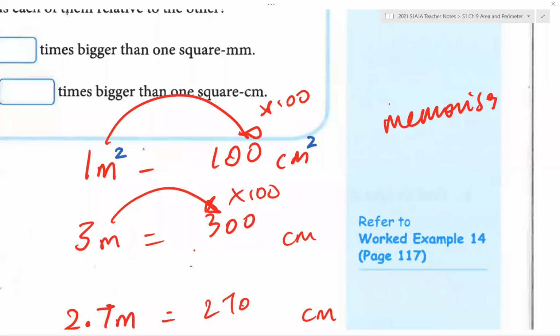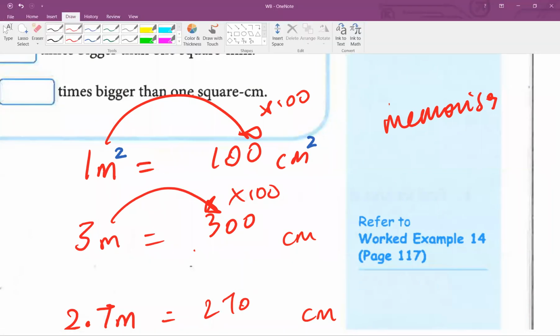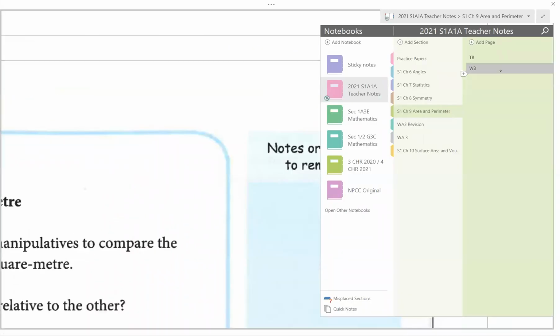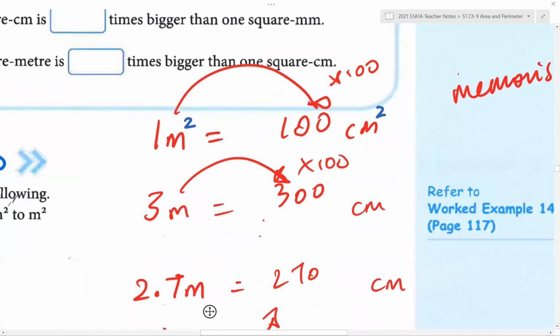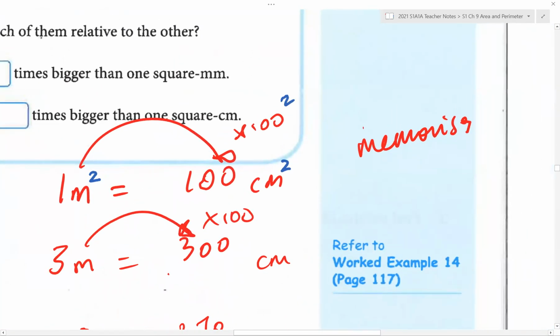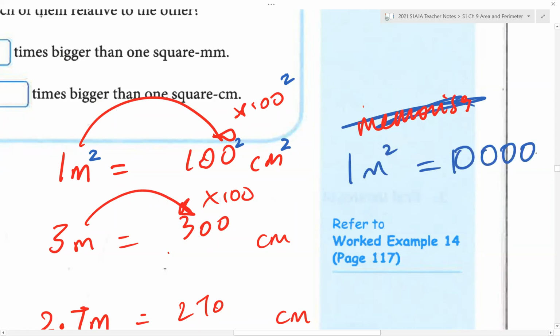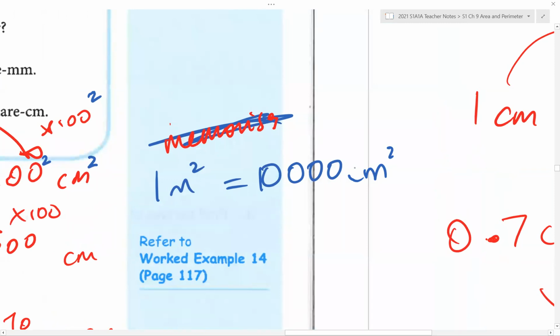Okay, I'll show you. So previously it looked like this. Instead of just multiplying by 100, we now multiply by 100 square. Not times 2. I said 100 square. Okay? Why does that happen? So here, 1 times 100 square, you get 100 square, which is 10,000. 1 square meter is equal to 10,000 square cm.